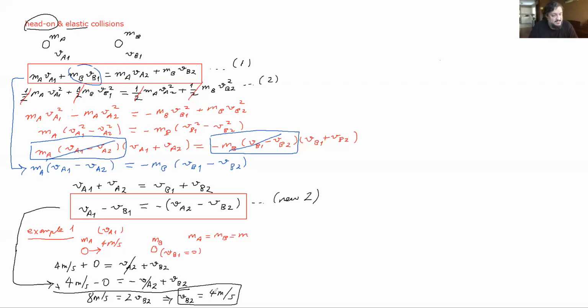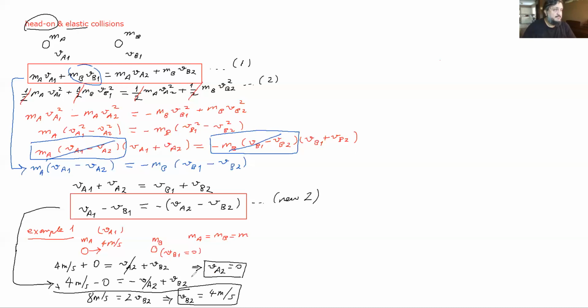Now I take this and plug it in either the first equation or the second equation. 4 equals VA2 plus 4, which means VA2 is 0. So the first ball stopped and gave all the momentum to the second ball. Now the second ball is moving with 4 meters per second. It's positive 4, which means it's moving to the right.